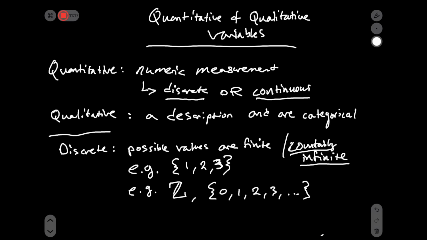Now notice, you could continue counting all of these integers for an infinite amount of time. But the point is that this is what we call a countably infinite set. Any set that has a one-to-one relationship with the set of positive integers, or the set of integers here, is countably infinite. In other words, you can't take on values between 0 and 1, or between 1 and 2.